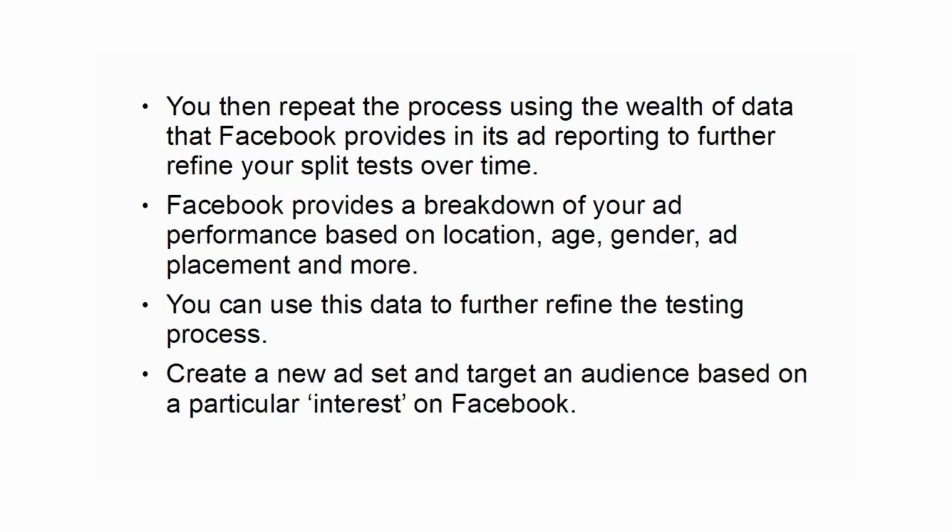So you can create a new ad set and then target an audience based on a particular interest on Facebook, for example. And you can also split test where the ad appears on Facebook, whether it appears in the sidebar or in the newsfeed, etc., how it performs on mobiles as opposed to people watching on PCs, etc. There's all sorts of different stats that you can use to your advantage here.